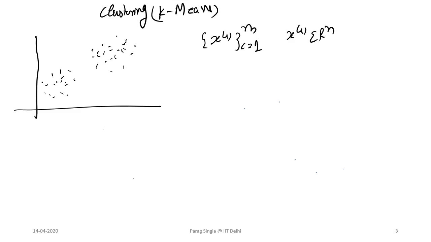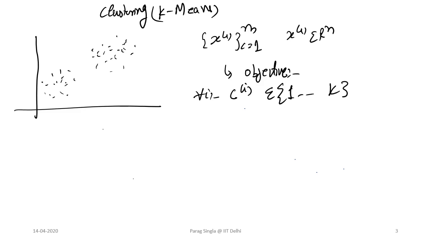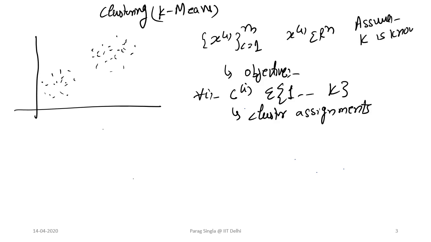We would like to figure out, our objective would be to figure out these, for all i, these Ci's, which belong to this discrete set 1 to k, which are essentially your cluster assignments, right? So this is our objective, and we will assume that the number of clusters, which is k, is known to us a priori.